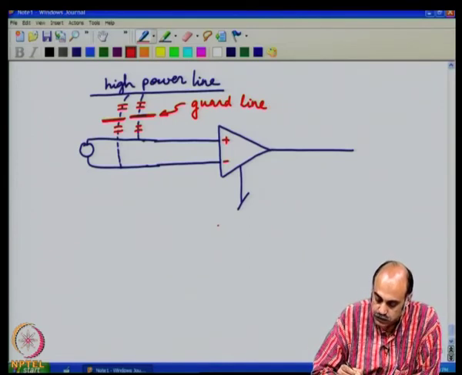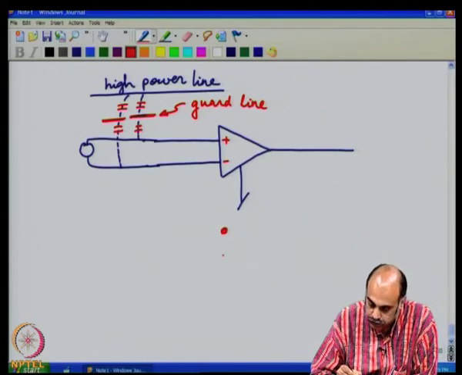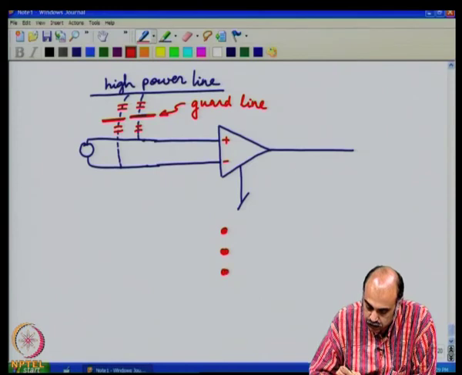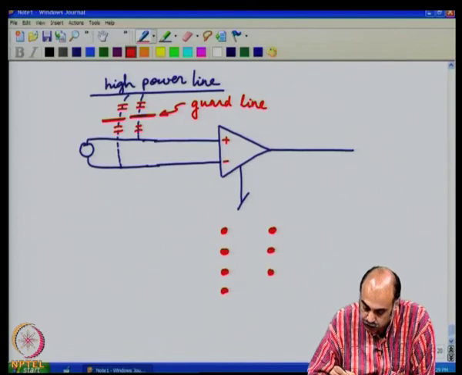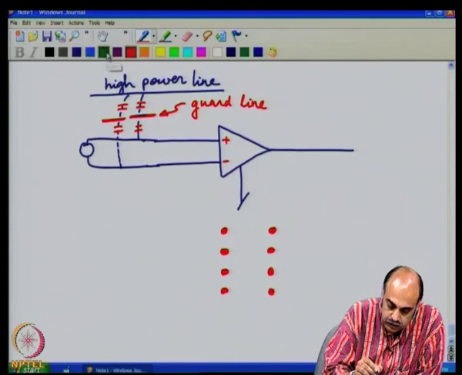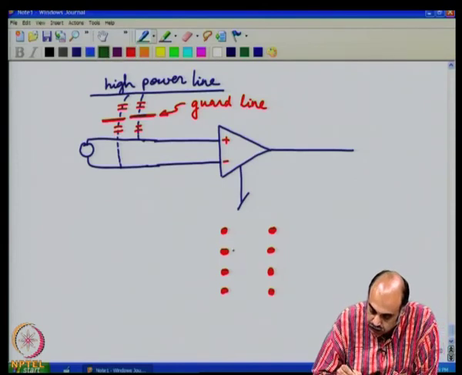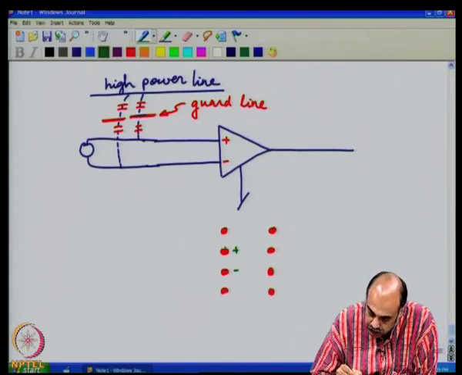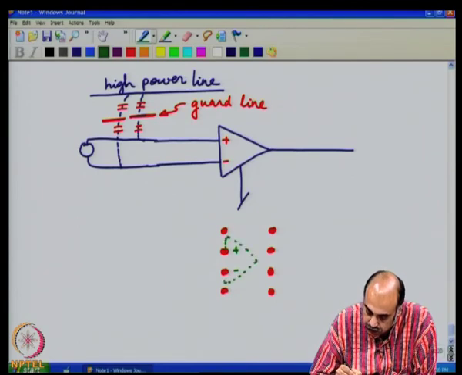So, if you see, for example, you have an op amp, and let me indicate them by pads, because when you do the PCB routing, it may be better visualized in this way. And let us say this op amp has a plus, minus. Imagine that the op amp is like this here.